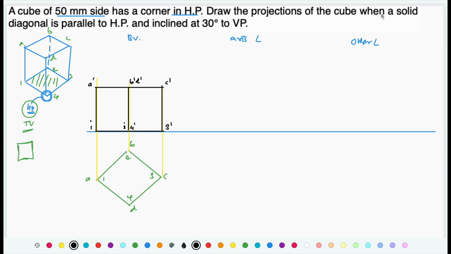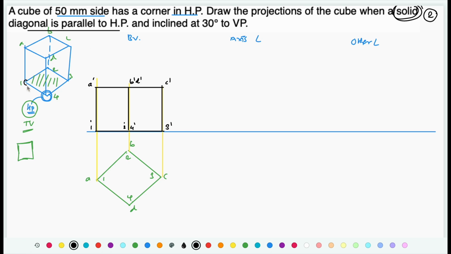Okay, now what is next? Draw the projection of the cube when the solid diagonal is parallel to HP. Now first let's see what is meant by solid diagonal. Solid diagonal means a line across which that whole solid gets split into two halves. So when you draw a line across the solid, where the whole solid has symmetry, that line is nothing but the solid diagonal. Now how to look at that solid diagonal?